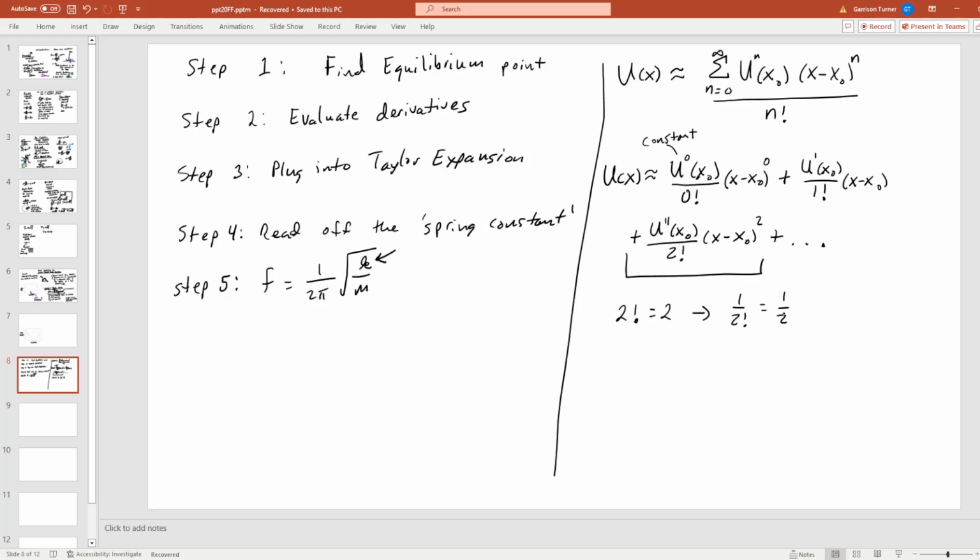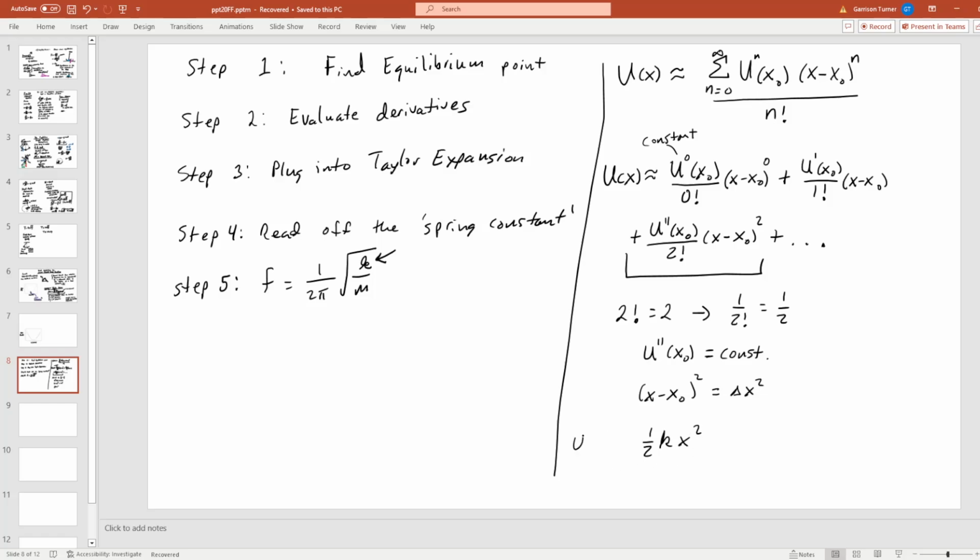Then we have the second derivative of u evaluated at the equilibrium position is a constant number, and x minus x naught squared is the same thing as a displacement squared. So this term has the form 1/2 times a constant times a displacement squared.